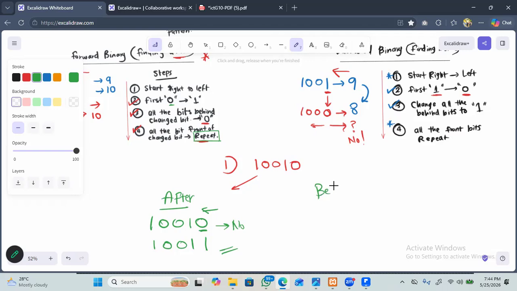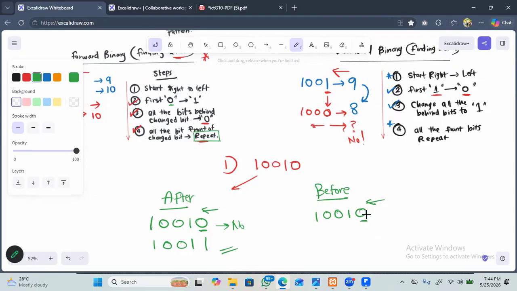So what is my before number? I will write down my question again. Always start from right to left. The first number 1 that you see, turn that 1 to a 0.